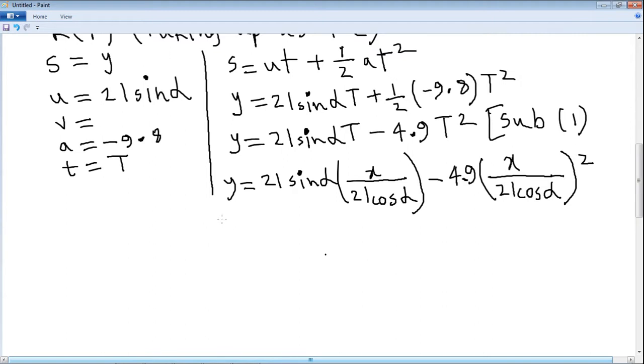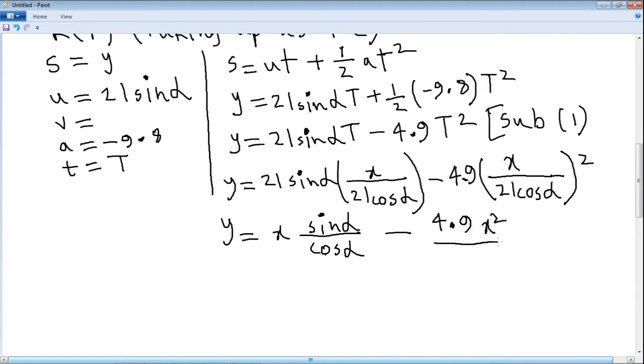Now let us simplify this, which we will get as sine alpha by cos alpha minus 4.9 x square by 21 whole square.